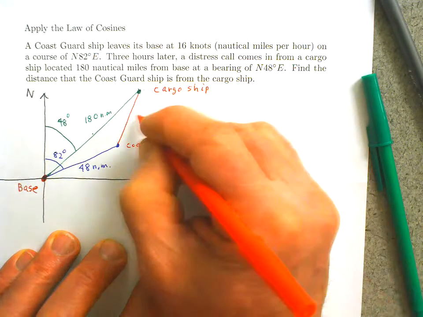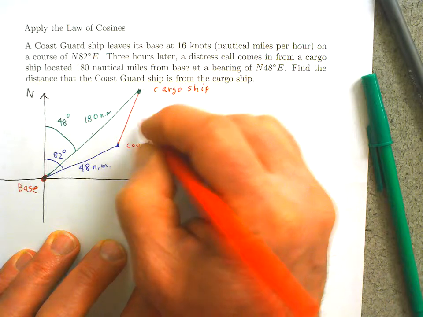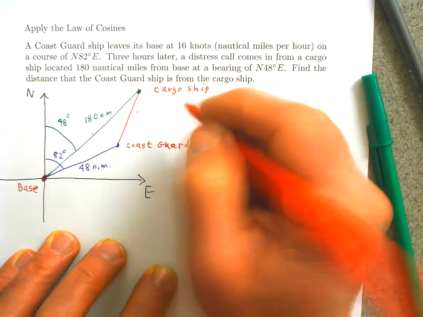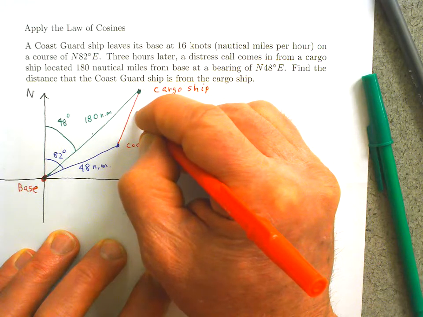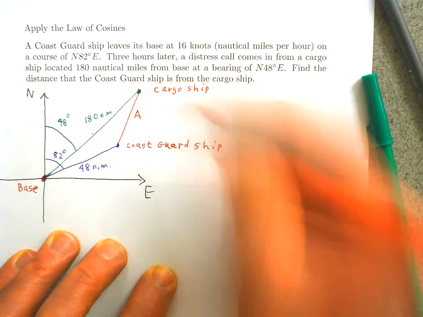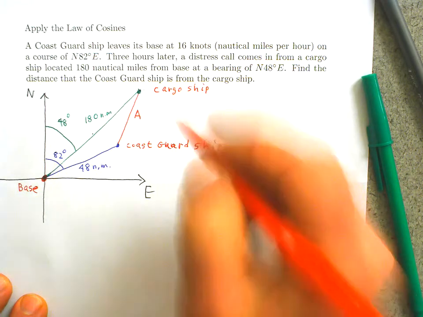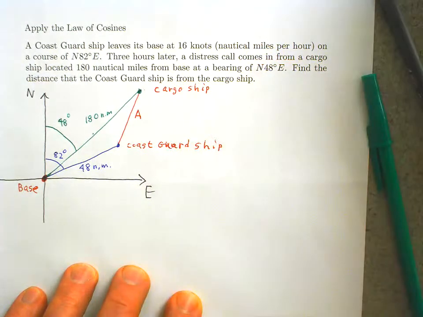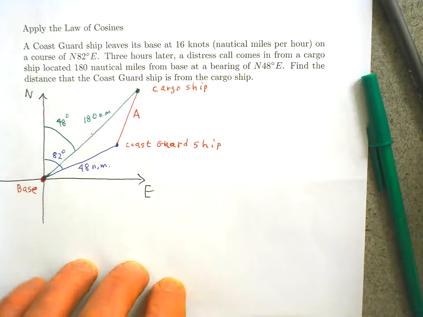And we want to find this distance right here. Let's just call it capital A, I guess. Maybe that's a poor choice of letter, but oh well.